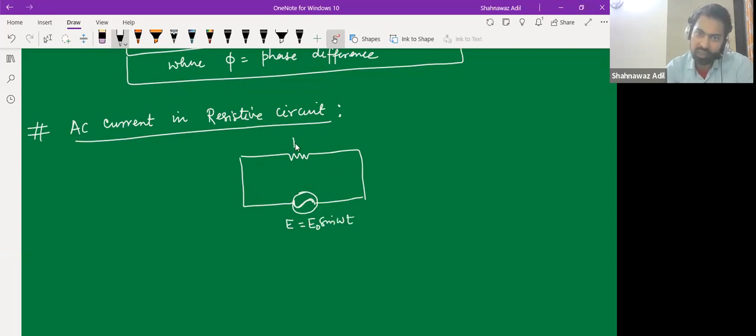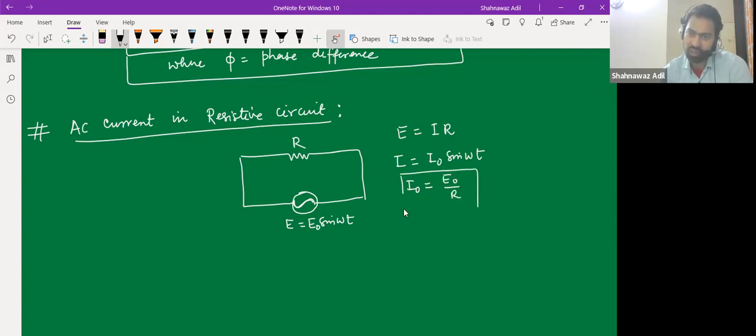We calculated that E was IR, and we calculated I to be I naught sine omega t, where this I naught was E naught by R. So these are the things that we calculated.